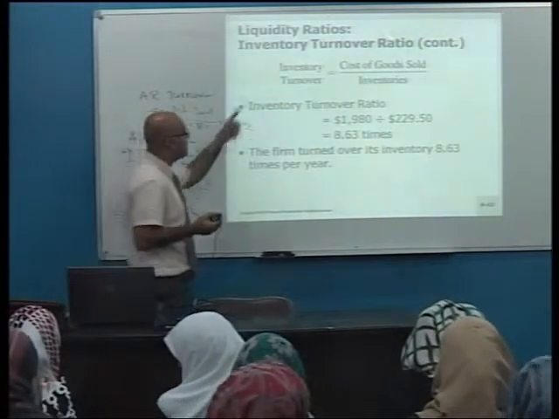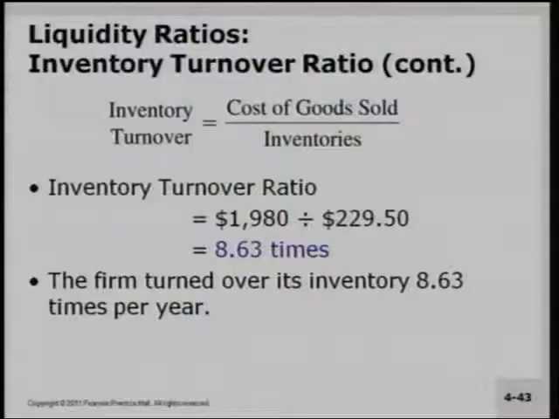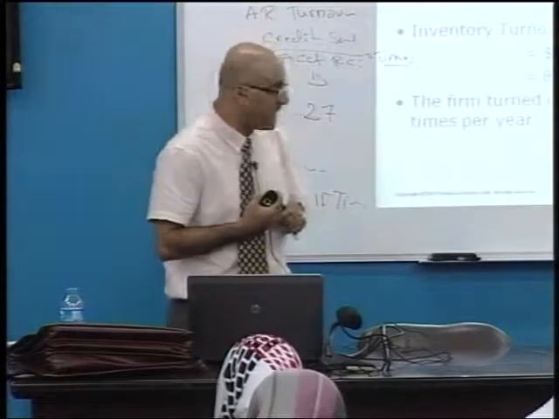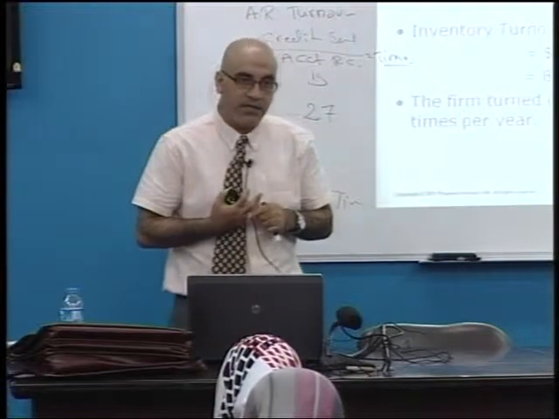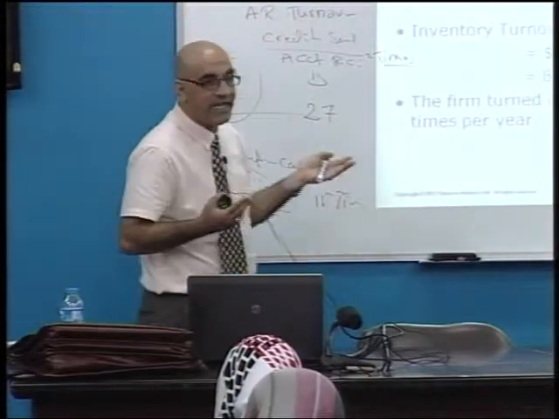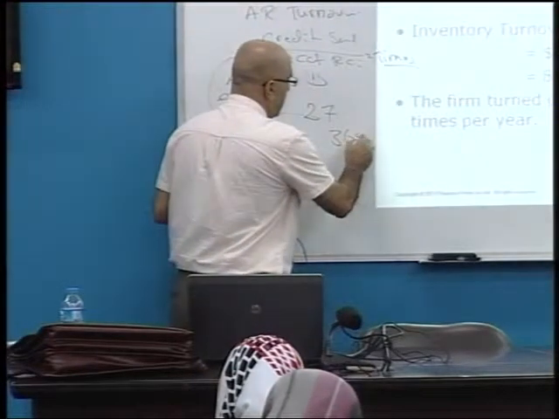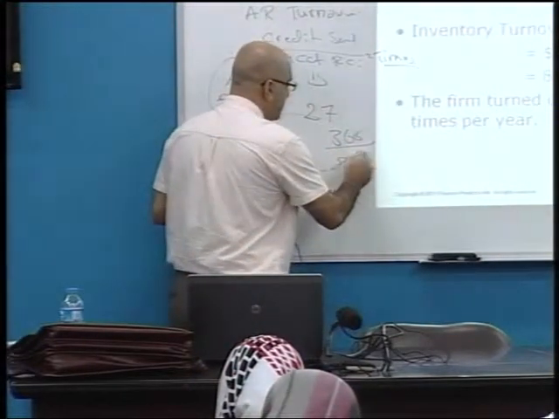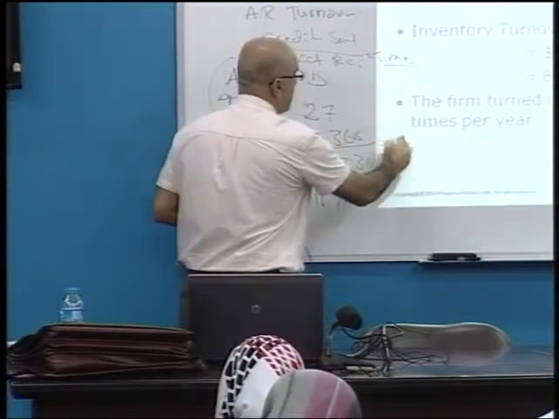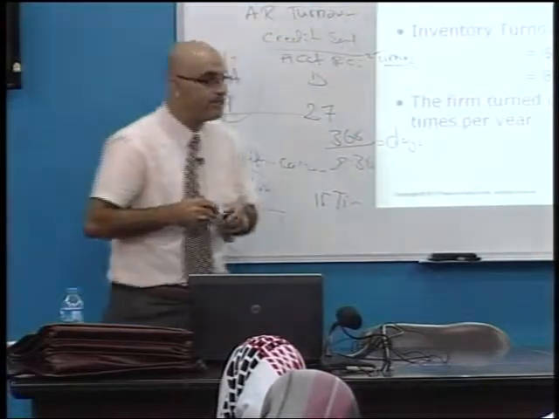The cost of goods sold is 1,980 divided by 229, so you have 8.63 times. It means we converted inventory into cash 8.63 times a year. If you want to convert into days, you just do 360 or 365 divided by 8.63, and you get the number of days.